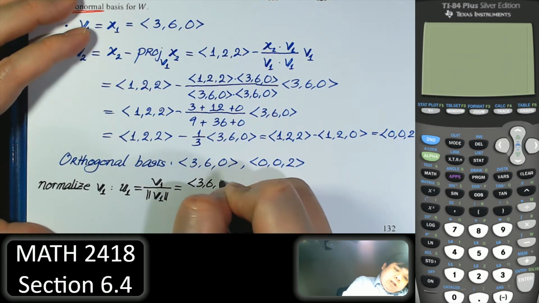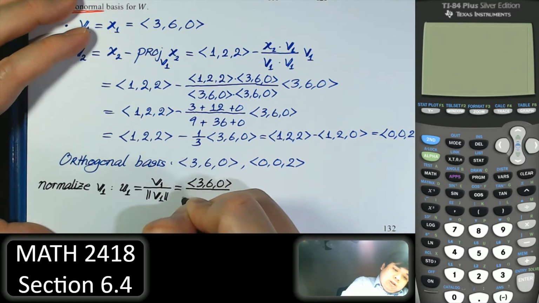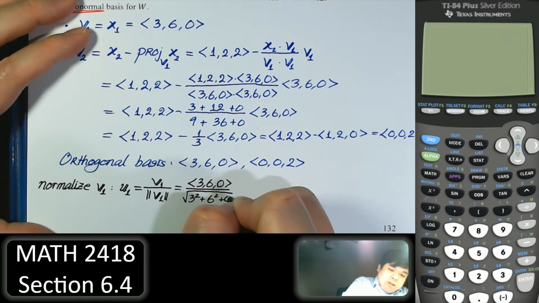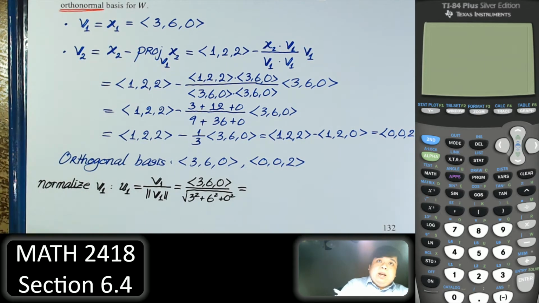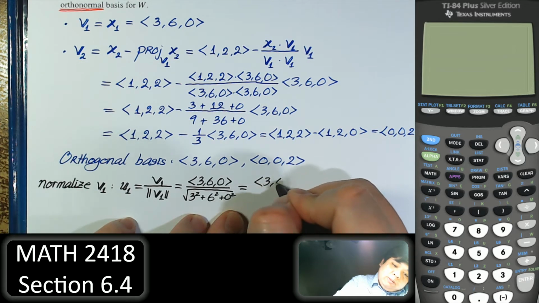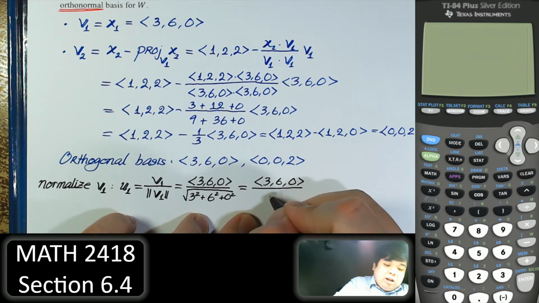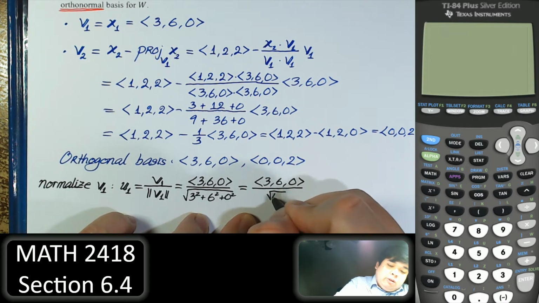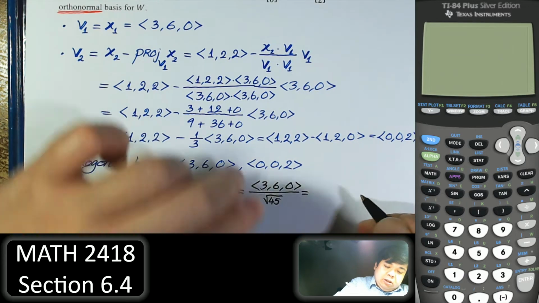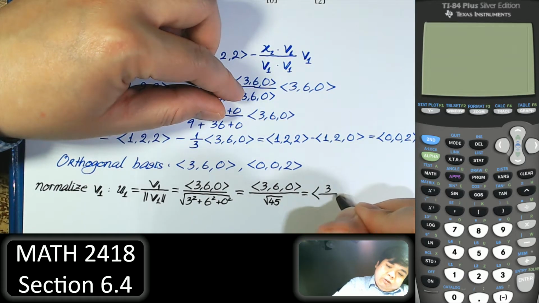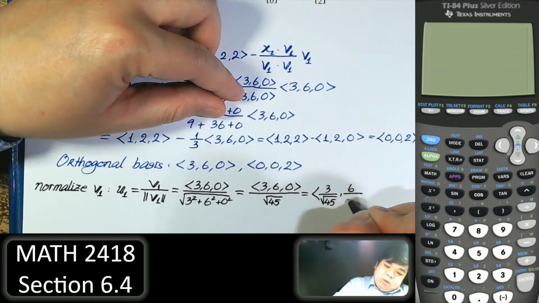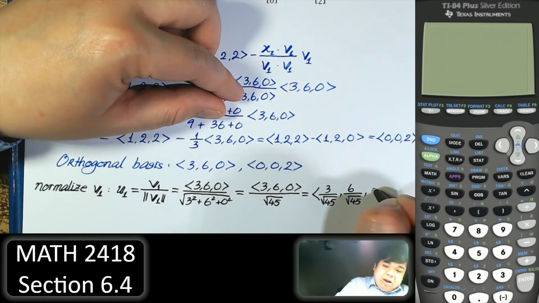That's 3, 6, 0 over the square root of 3 squared, 6 squared, 0 squared, which is the square root of 9 plus 36, 45. So we have 3 over square root of 45, 6 over square root of 45, and then 0 divided by anything is 0.